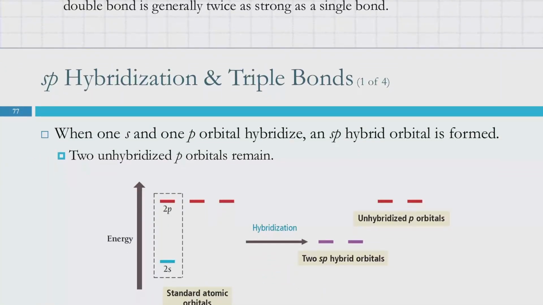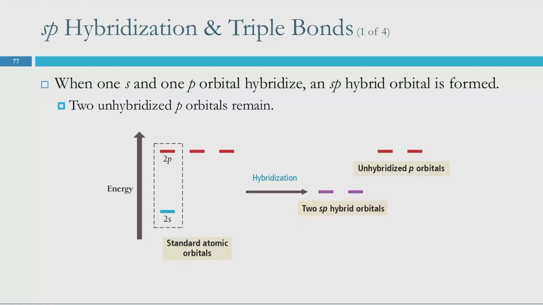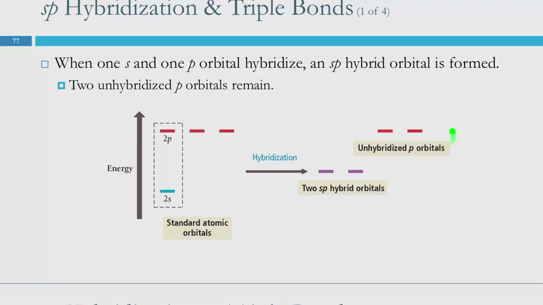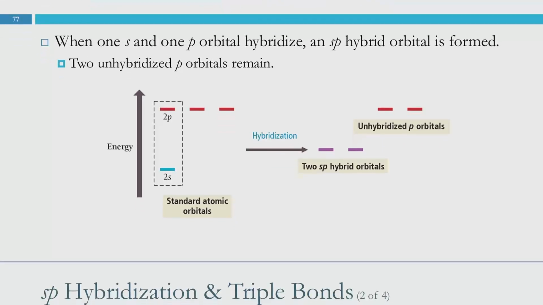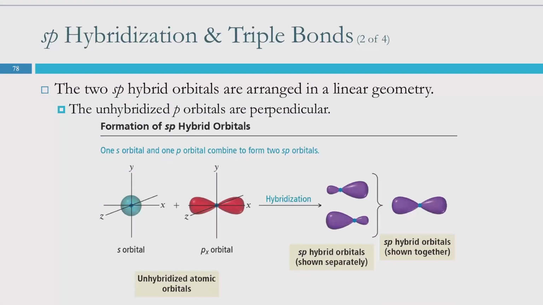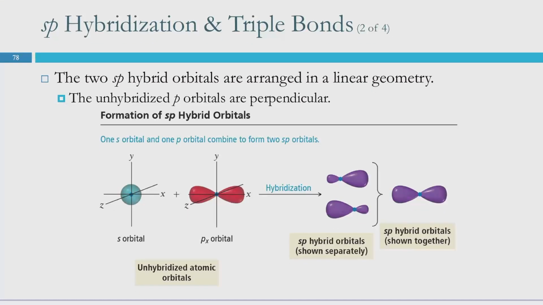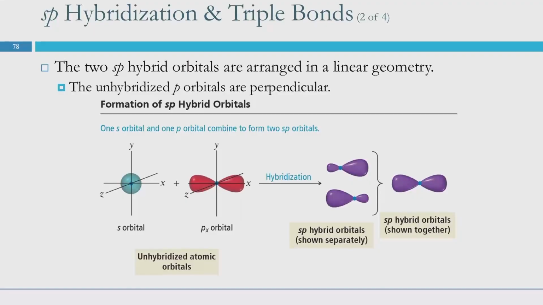We can also have sp hybridization. If we do sp hybridization, we're blending one s and one p atomic orbital. So we get two sp hybrid orbitals, two in, two out. And we're left with two unhybridized p orbitals, so two just regular px, py, pz, whatever they are, orbitals. So that might look something like this.